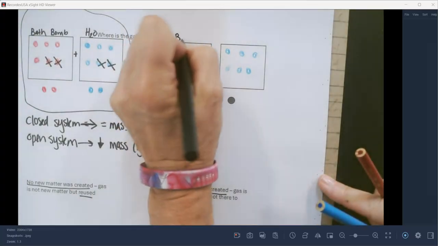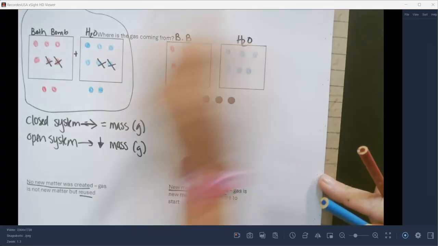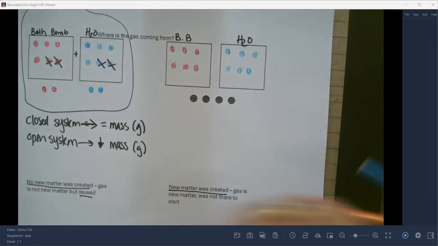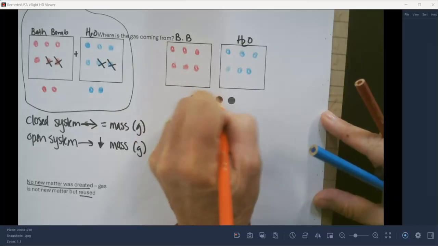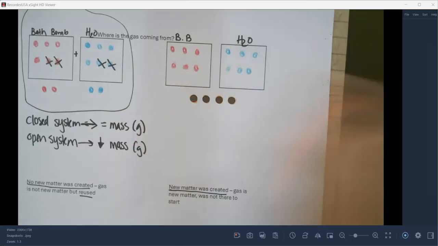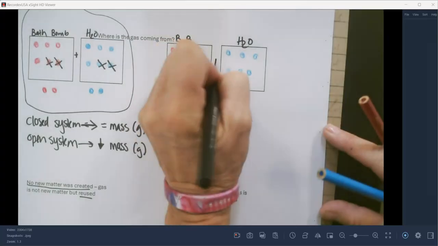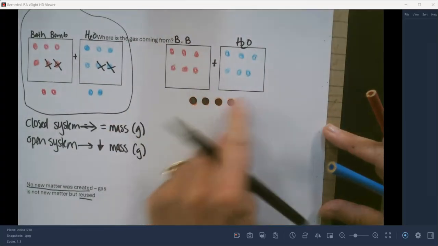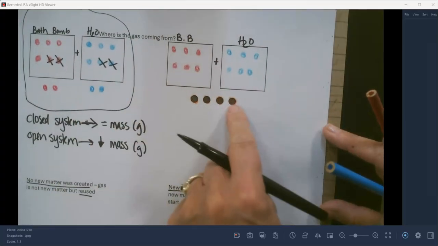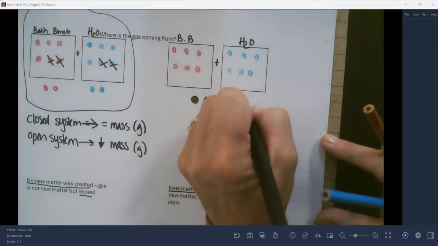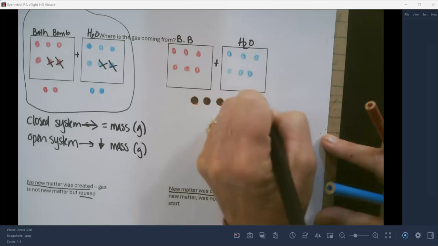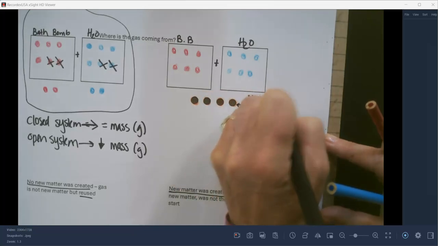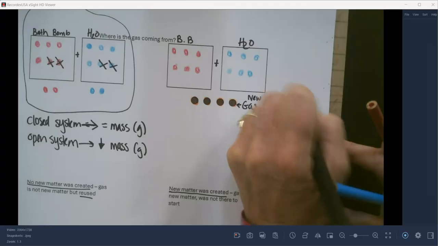And this time, there was some new matter being created with new gas formed from this reaction. So I'm going to color those gases orange. So when we add these two together, instead of nothing new, we're saying a new gas is being formed, which we can label, which remember is matter, which has mass.